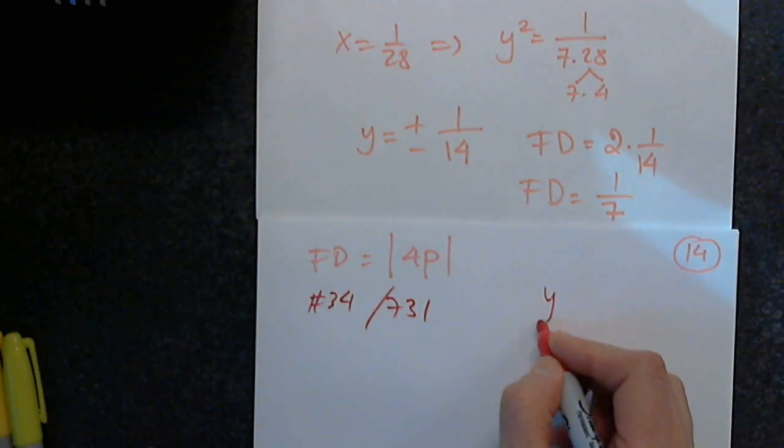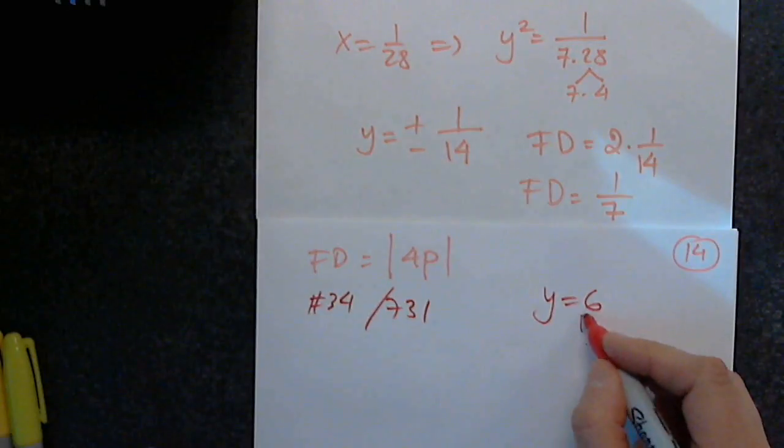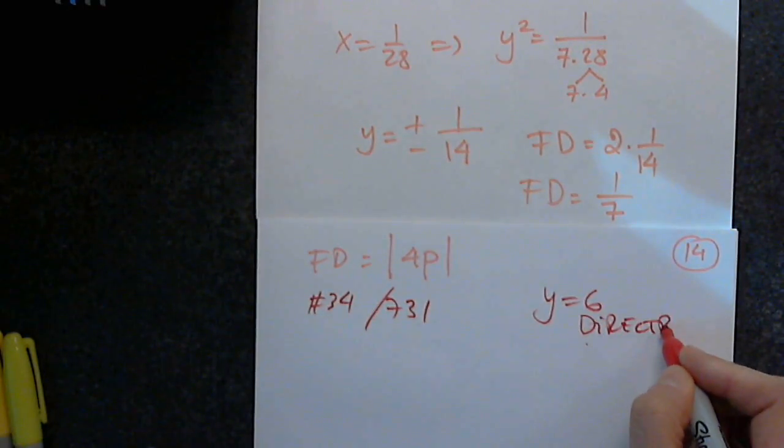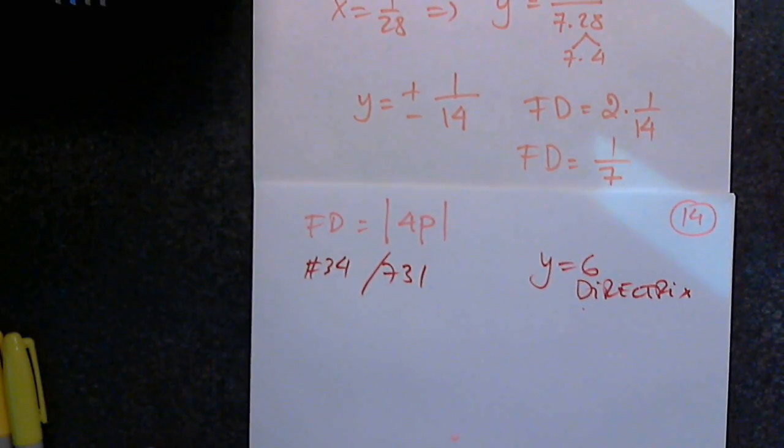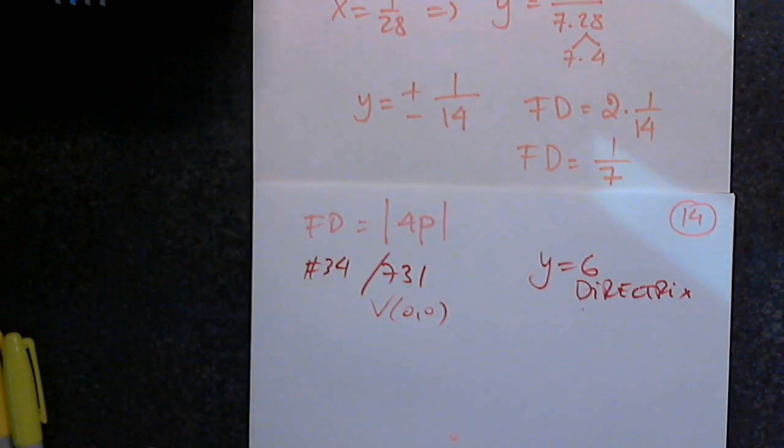And we have y equals 6, and that's the directrix. We are asked to find an equation for the parabola that has its vertex at the origin, (0, 0), and satisfies a given condition.